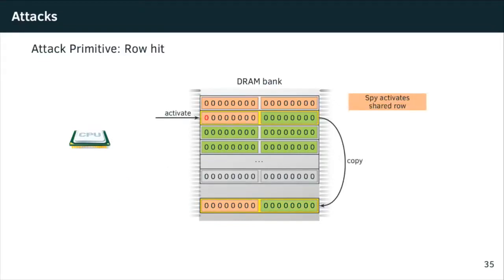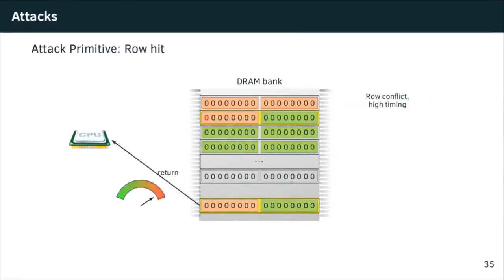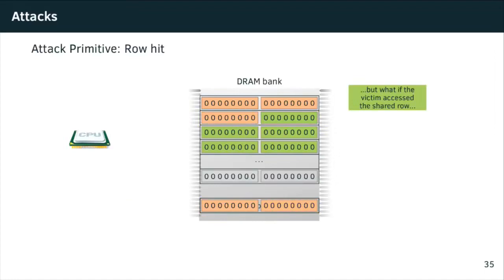And now he activates the shared row that he shares with the victim. This gets copied to the row buffer and returned. And since the spy previously had his own memory in the row buffer from another row, it'll take a long time. He would expect it to be a high timing. You have the row conflict here. However, what if the victim accessed the shared row before the spy activated the shared row?